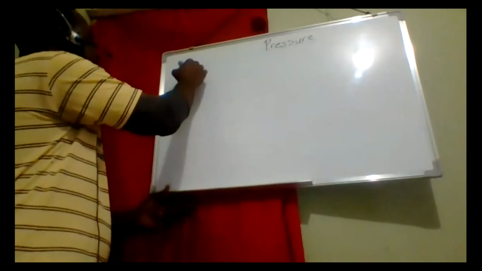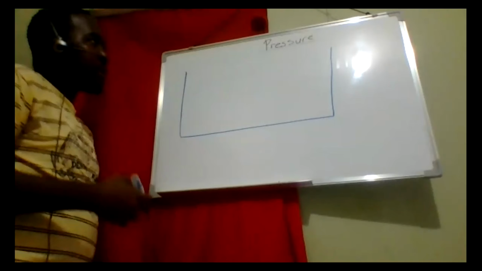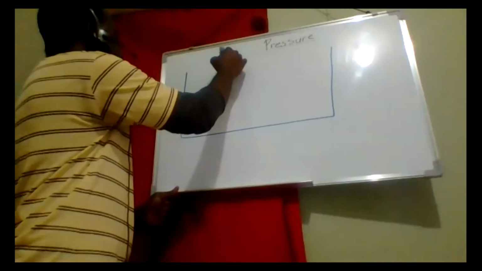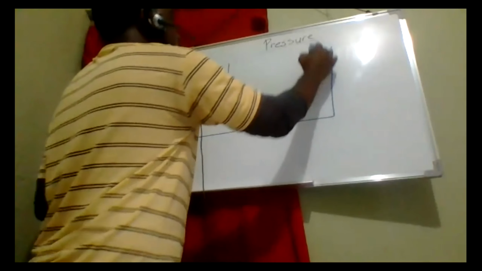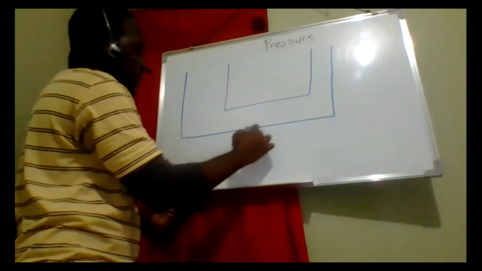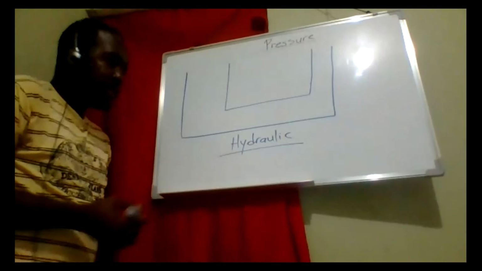The brake fluid is very important in cars because it contributes to the braking of the car when we press on the brake. And this system is known as the hydraulic system. So the brake system in a car is a hydraulic system.